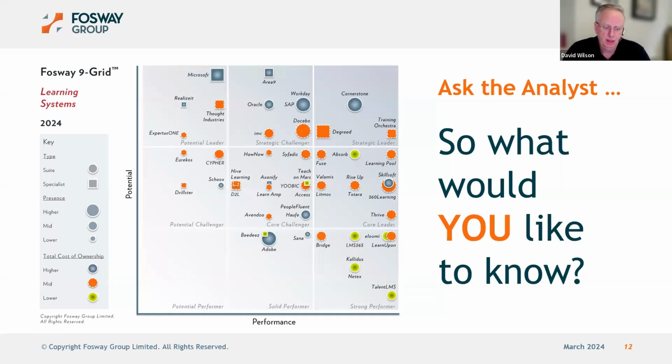And effectively that creates a vacuum in the sense that if you're buying something and it's clearly potentially your HCM solution maybe is a candidate for that, Cornerstone is a candidate, but then who else is? You can't typically go for an RFP with one vendor in it, or even one or two vendors. So that's typically created a bit of a vacuum, which we're starting to see some of the mid-tier players, the core leaders and strategic challengers try and step into.